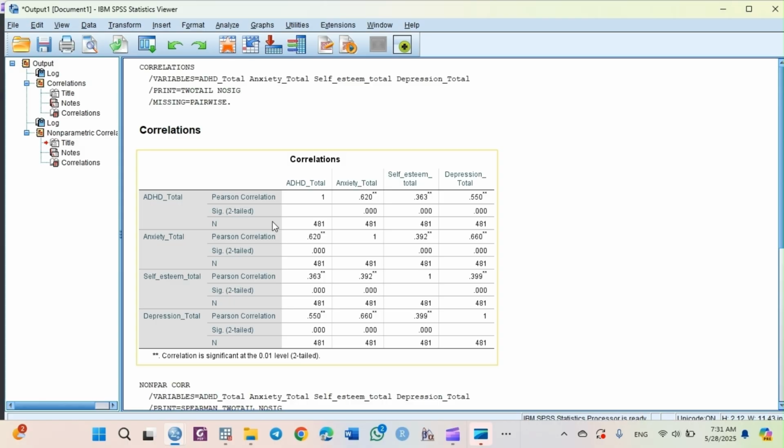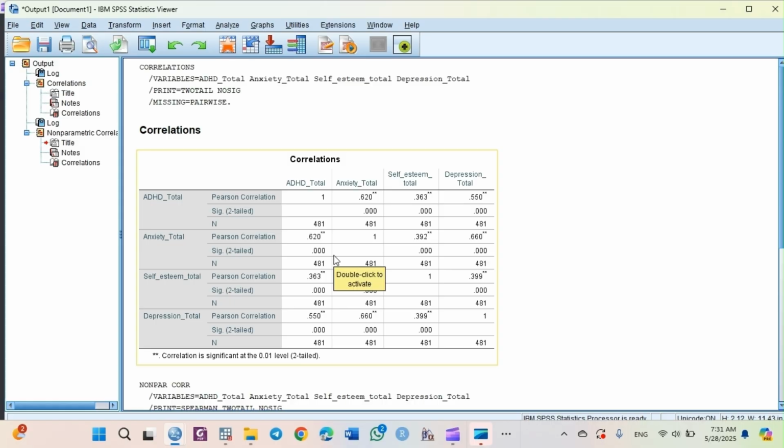If n is okay with your normal sample size, that is good, because n affects the significance level. If it's too low, it affects the p-value even if there is a correlation.